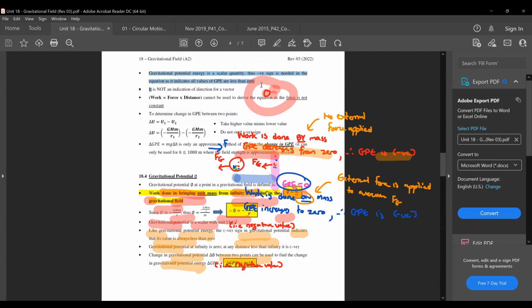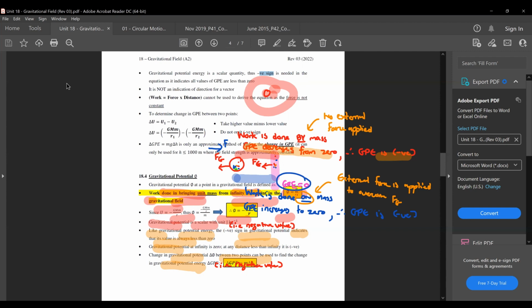Okay, because gravitational potential energy is a scalar quantity. It does not have any direction, only value, only magnitude. If you have any negative sign, it is already an indication of your value, not direction. What I mean by that is this, maybe it's a bit confusing for you.